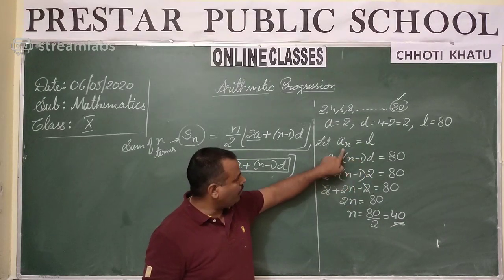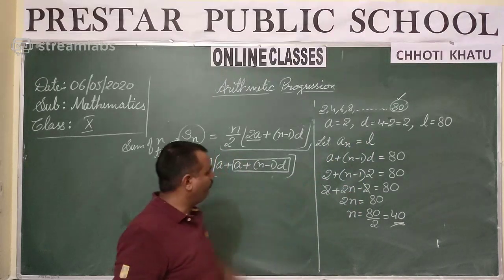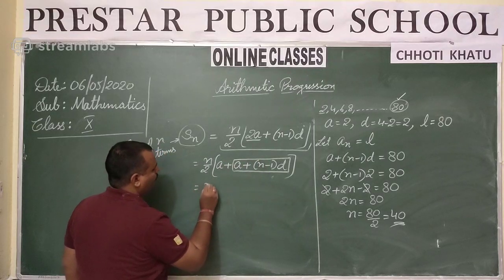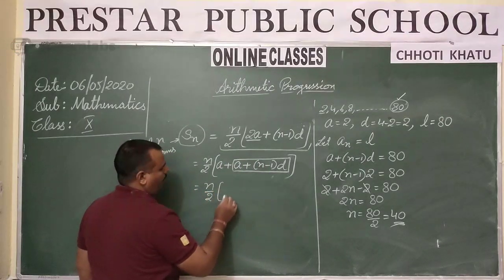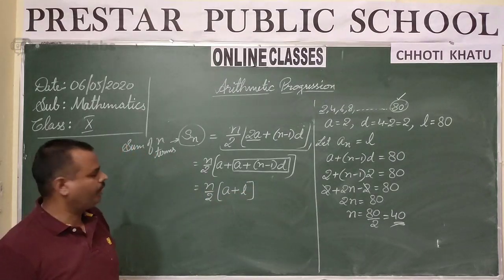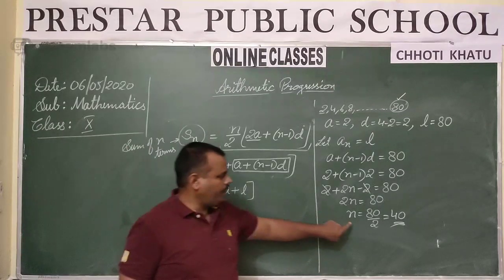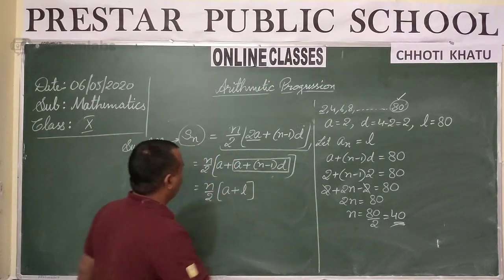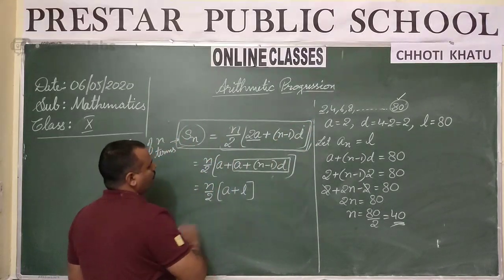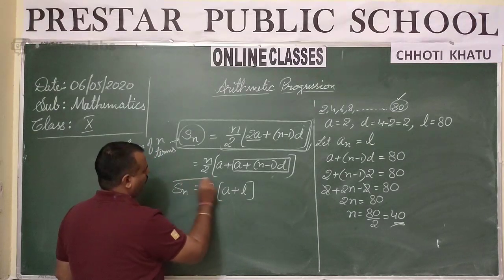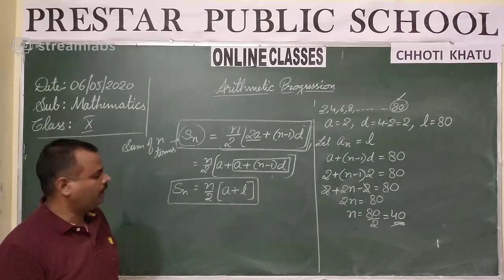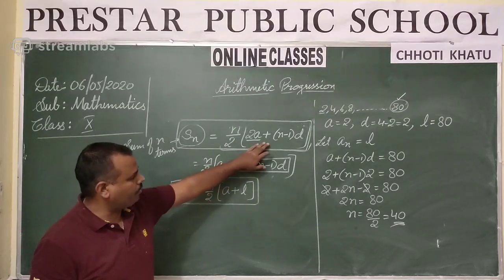And here we took the nth term as L. So this value can be replaced with L. So n upon 2 into a plus L. So after finding the value of n, instead of using the earlier relation, you can use this. It says Sn equals n upon 2 into a plus L. It will become easy for you.